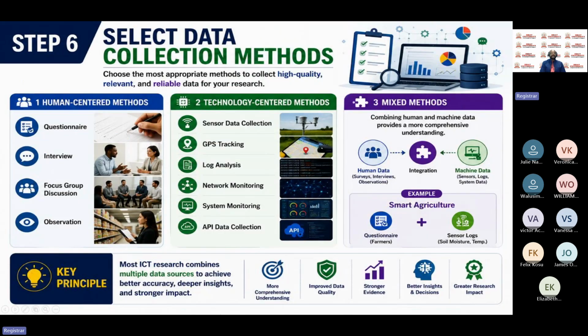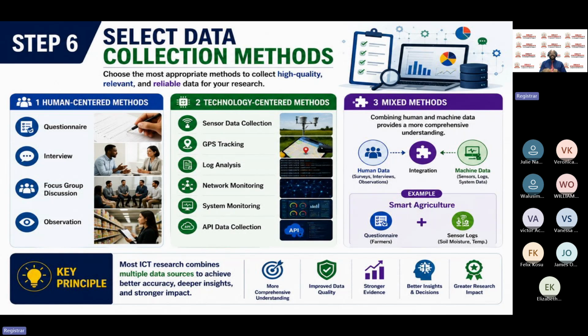Now, in step 6, select data collection methods. Again, we are using human-centered methods, what we use in social science, like questionnaires, interviews, focus groups, and observations.